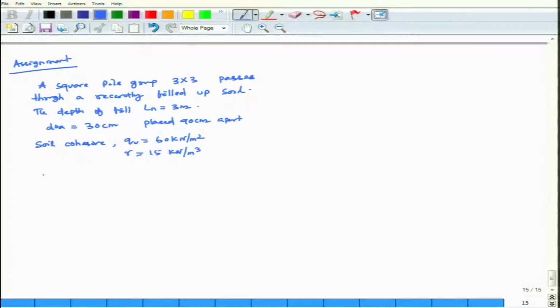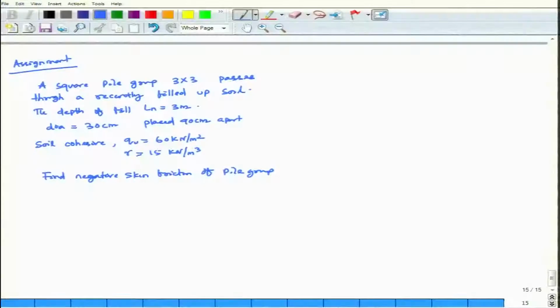Find the negative skin friction of the pile group. This assignment you try at your home. It is just putting in your formula and getting the results.